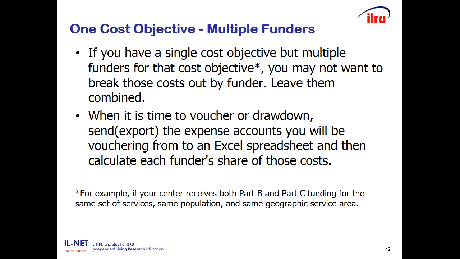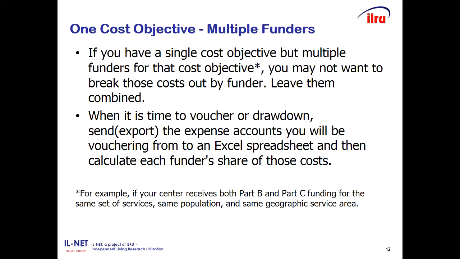So if one funder covers 60% of the cost of the program and another covers 40, you've got $10,000 of payroll for this time frame. Then $6,000 of that gets billed to let's say Part B, and $4,000 to Part C, and similarly with all of your other direct costs.